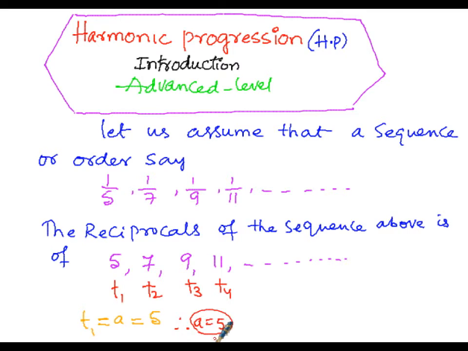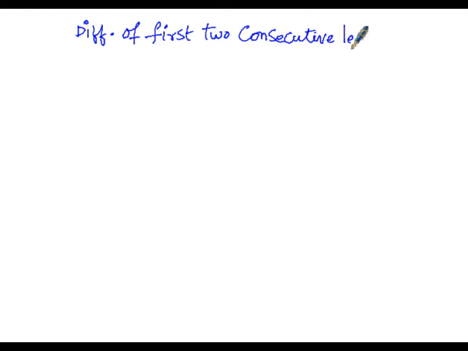Now I want to find the difference of the first two consecutive terms, then the next two consecutive terms, then the third term and the fourth term, and so on. The difference of the first two consecutive terms is given by T2 minus T1.